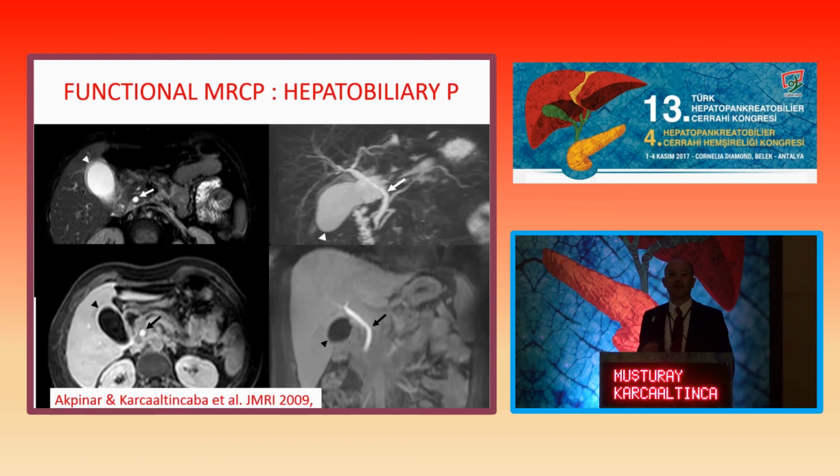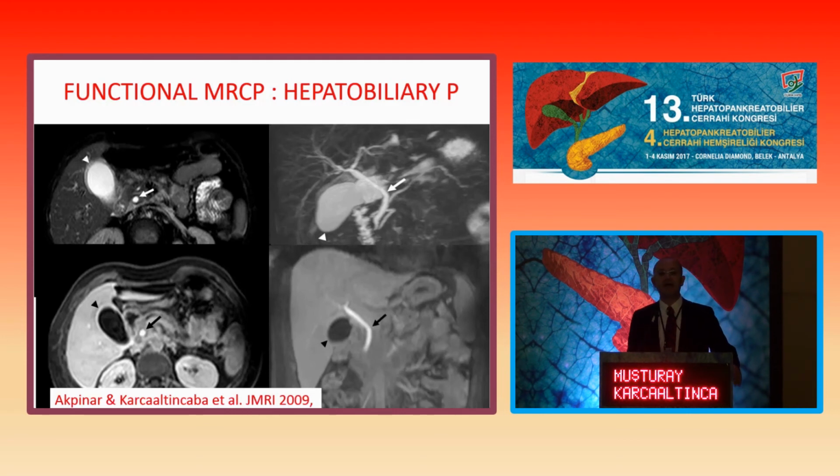Okay, how about functional MRCP? Functional MRCP, we described this actually back in 2009 in patients with cholecystitis without gallstones. How can you use this technique? We know that from nuclear scintigraphy techniques, if you use the high-dose scintigraphy, you see excretion into the common bile duct, but there is no entrance of that material within the gallbladder.